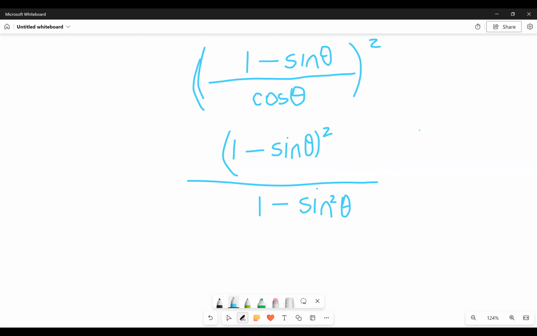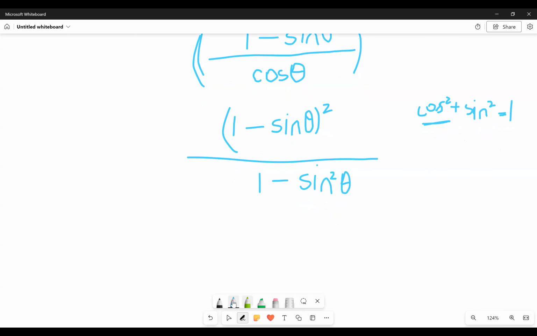Okay, remember that cosine squared plus sine squared is going to be equal to 1. And if that's the case, then we can just rewrite cosine squared, this part, as 1 minus sine squared.